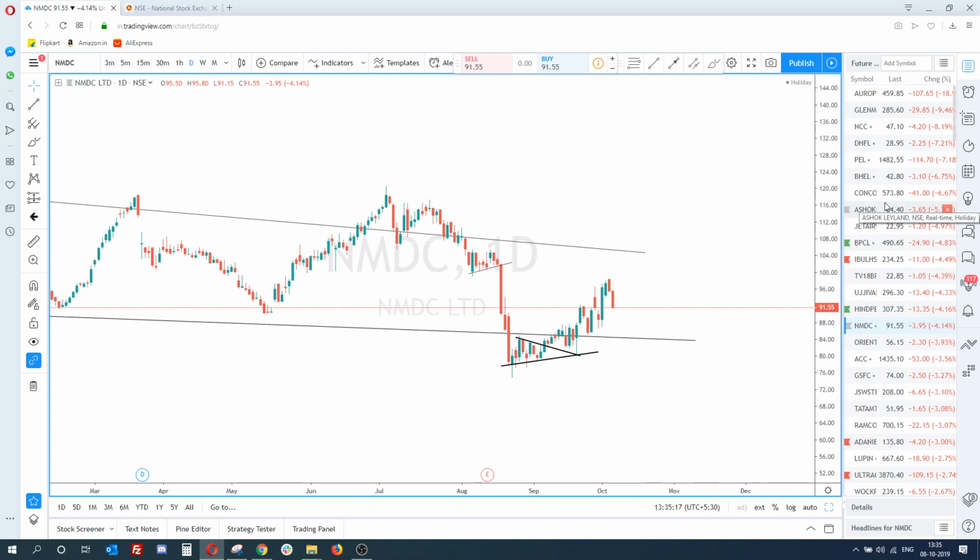To sum it up, start with the weekly time frame, then move to the daily time frame, and then the 1 hour time frame. If you don't find anything in any of these three, it's better that you skip the stock. It's not necessary that you draw patterns in every stock. If you don't find any pattern, it's okay, just go to the next stock. Let's say you have taken 200 stocks.